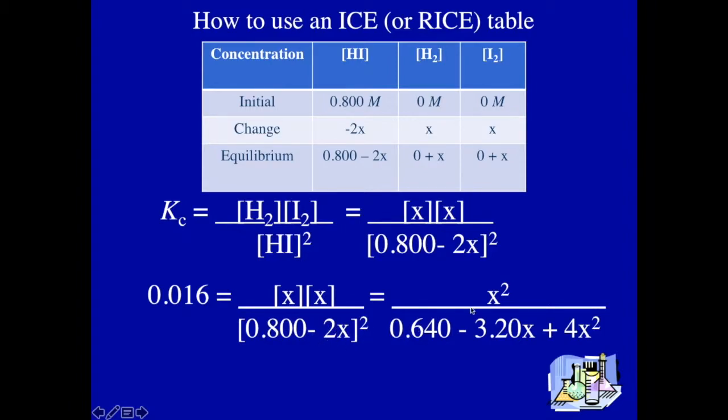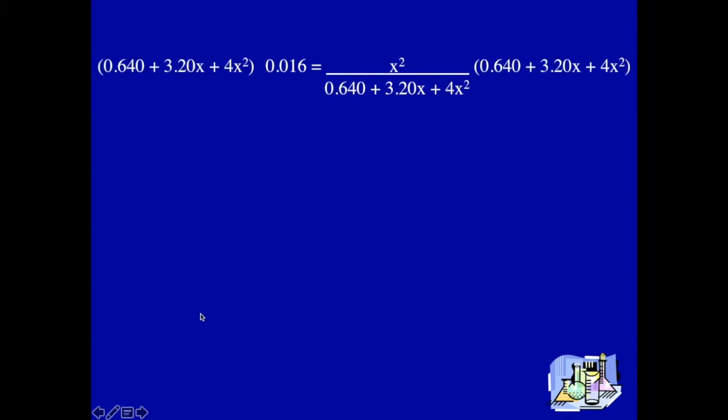But we end up getting this equation, this component equaling the equilibrium constant. Now, we'll just do some manipulation here. We end up multiplying both sides by what's on the bottom in order to get it on the top.